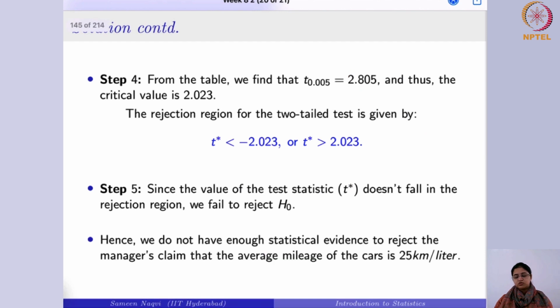Since the value does not fall in the rejection region, you fail to reject the null hypothesis here. Hence, you will conclude that you do not have enough statistical evidence to reject the manager's claim that the average mileage of the cars is 25 km per liter.